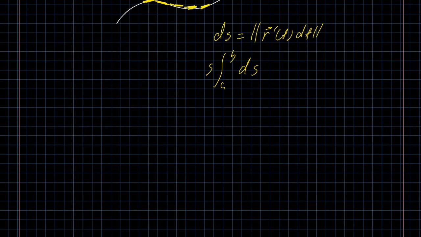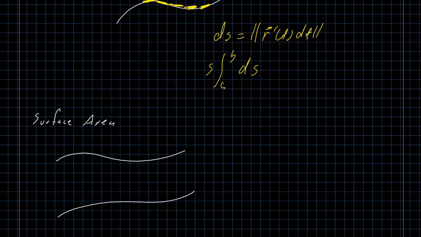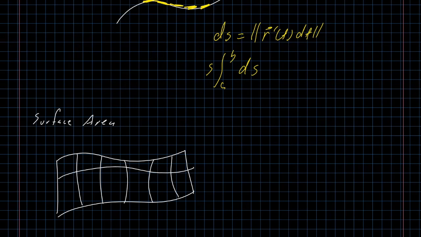When it comes to surface area, our tactic is going to be very similar, except that our surface has two directions to it.